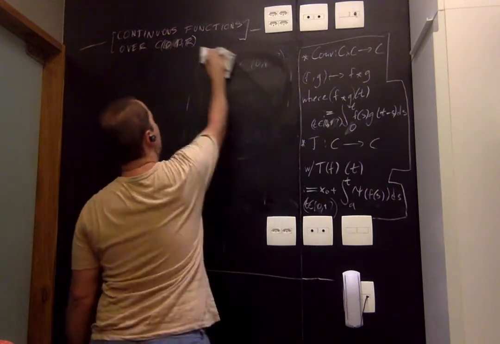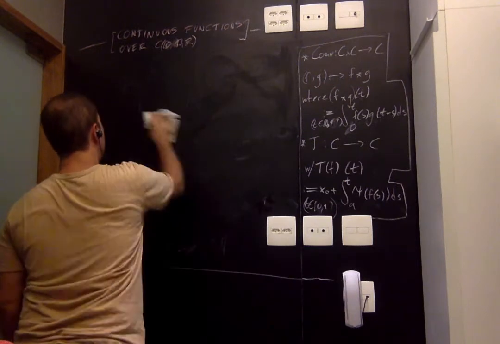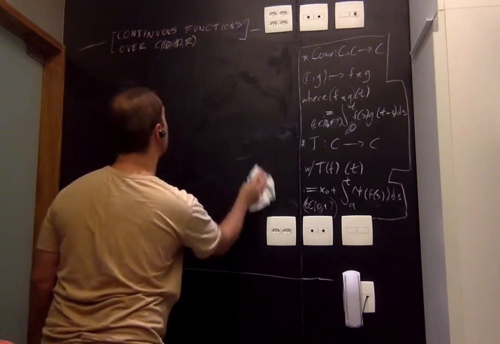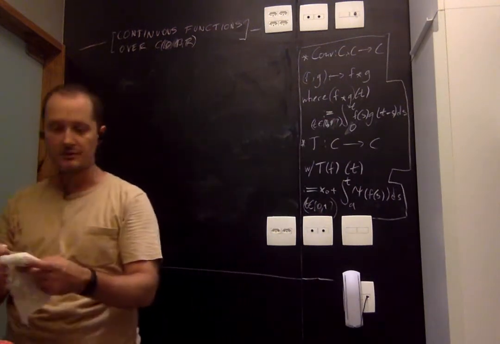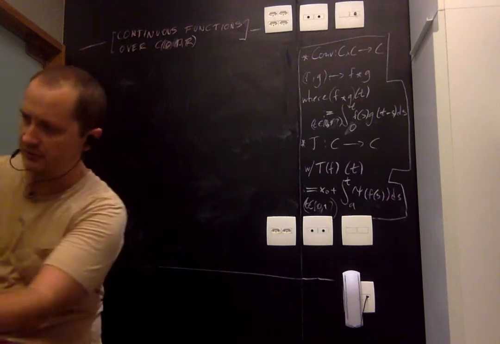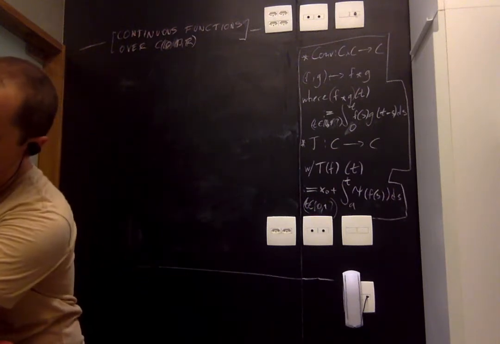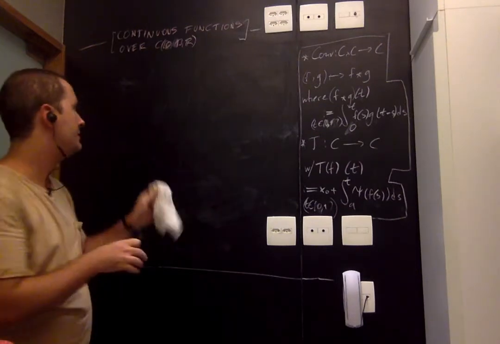So first, perhaps you should try to think for yourself how you'd prove that such an operation is continuous, that f star g is continuous. I mean, it's not entirely obvious, at least as far as I'm concerned. And now you're going to hear the noise of water, maybe, because I need some water to properly erase the blackboard.